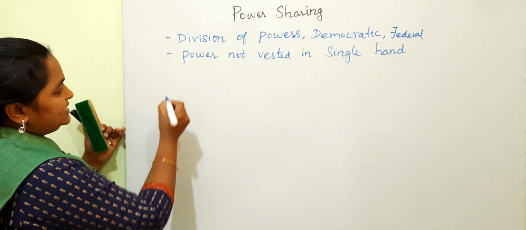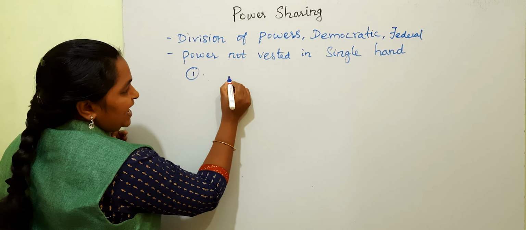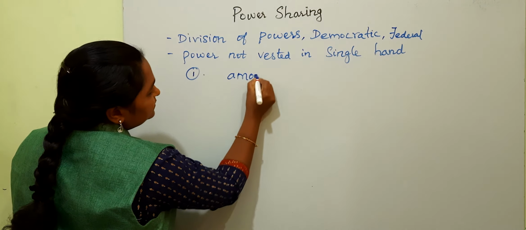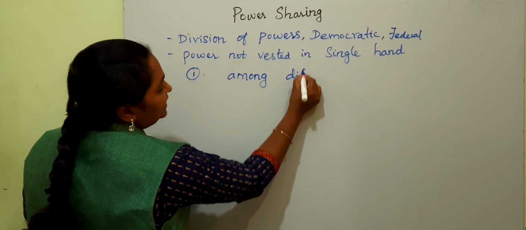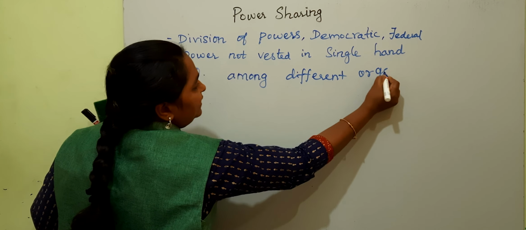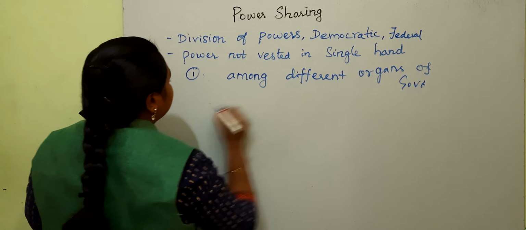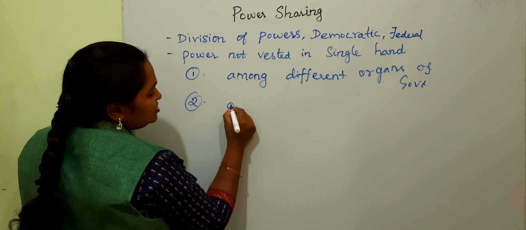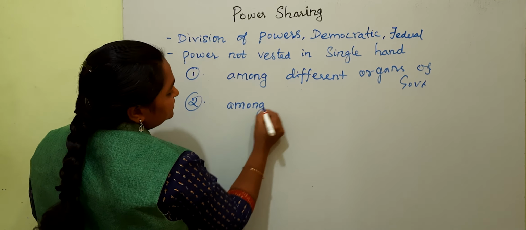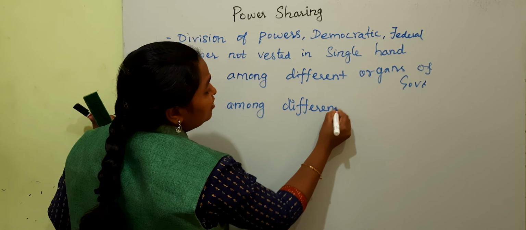In this lesson, we will see 4 types of power sharing. One is power shared among different organs of government. Next, the second type is power shared among different levels of government.